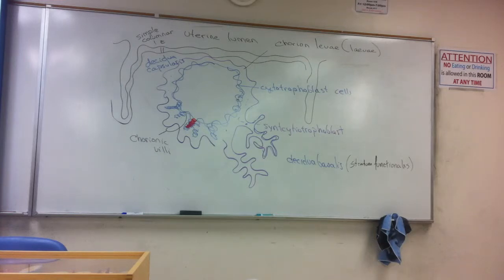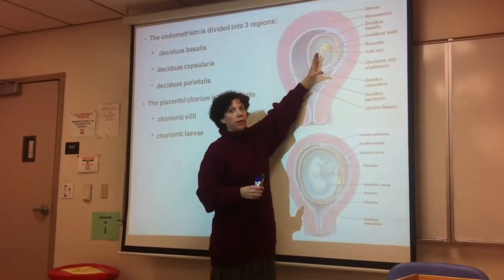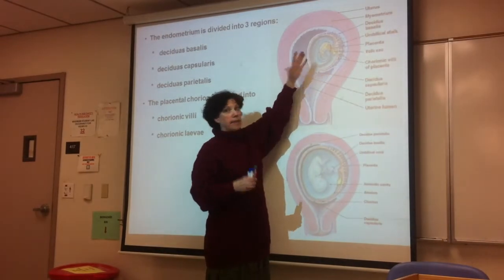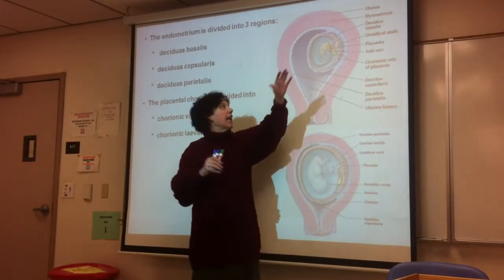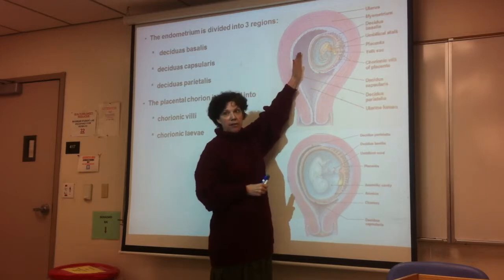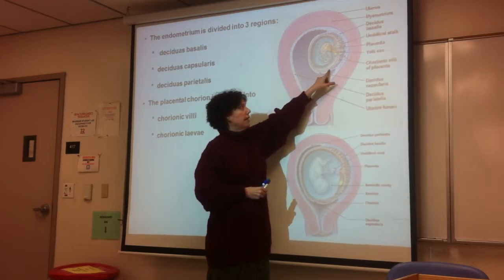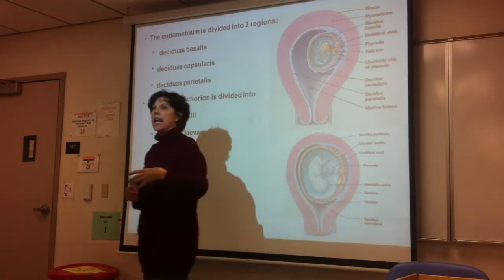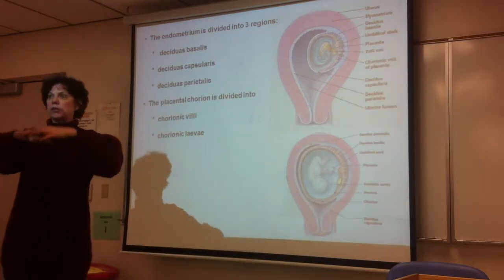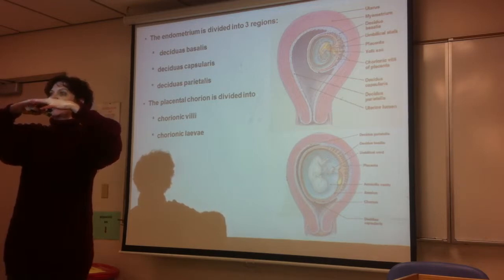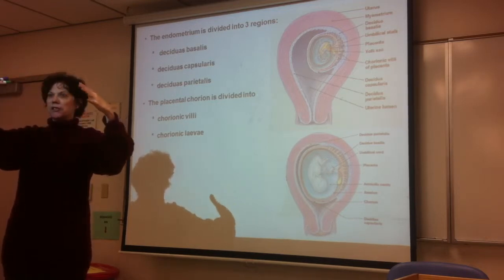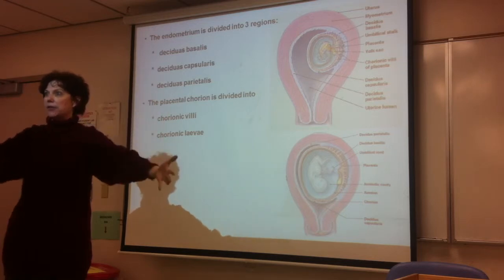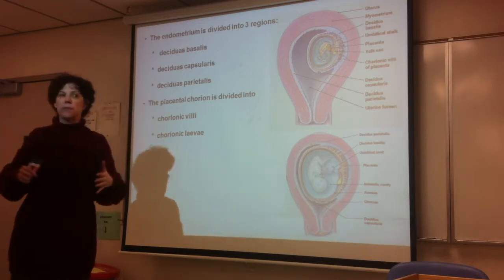So notice that the surface lining of the uterus over the implanted embryo, as the embryo grows larger, that surface lining maintains its integrity and the lumen gets smaller, but the embryo and fetus are always covered by that lining. It's like having an anthill or something underneath the ground, the whole dirt lifts up. And so as the fetus grows larger, it's still covered by that surface layer of the endometrium.